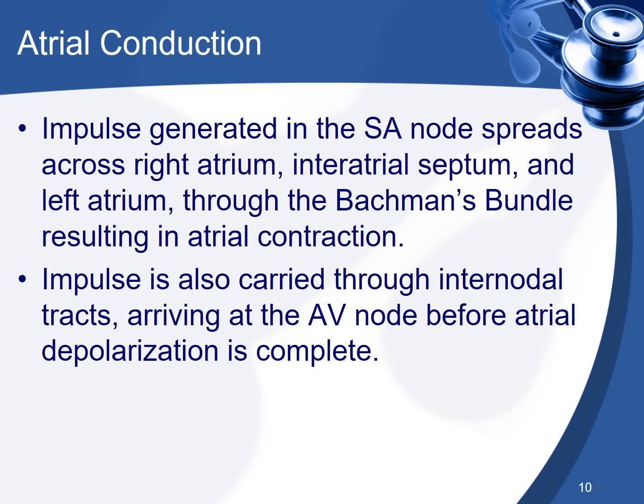It gets to the AV node before the atria is totally depolarized and contracted. So the signal will get to the AV node before the contraction of the atria is complete.